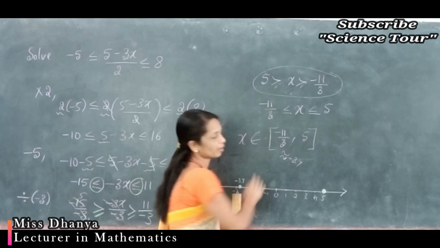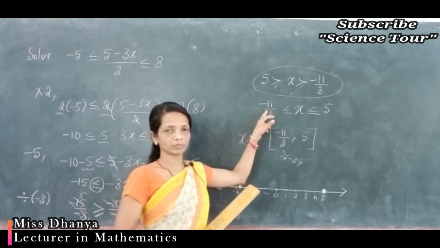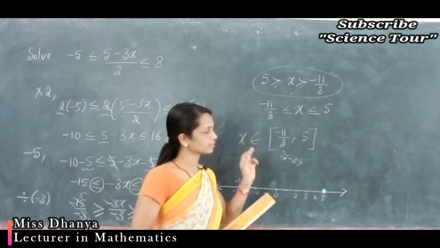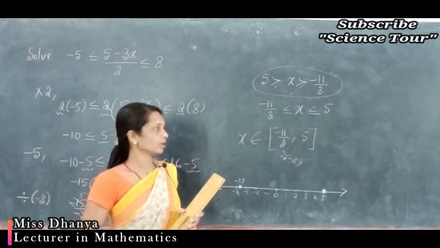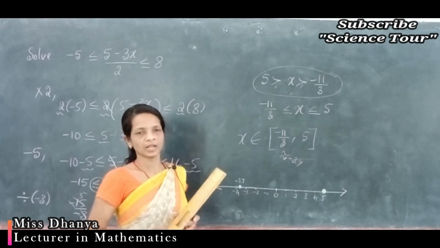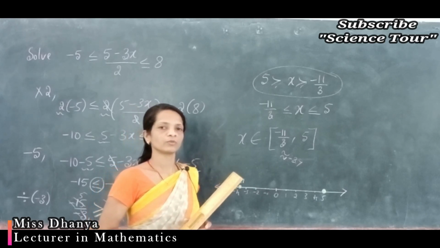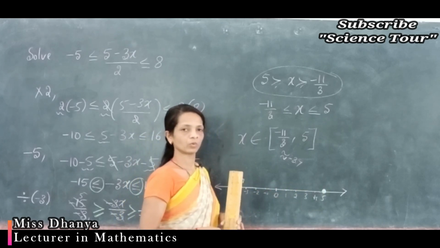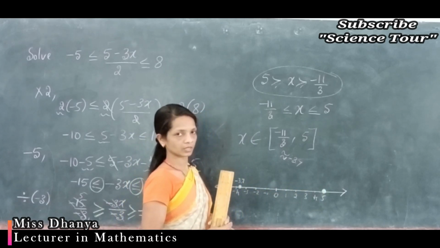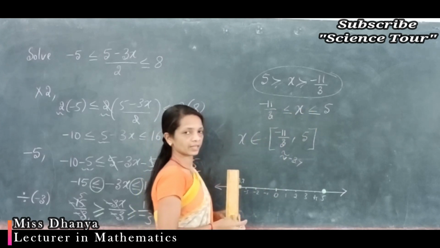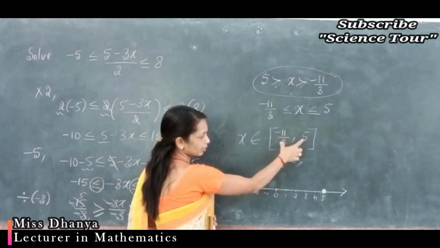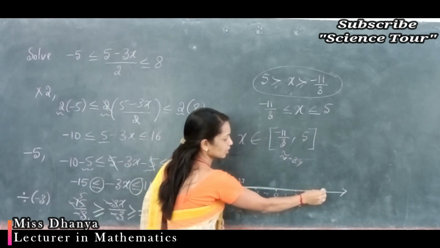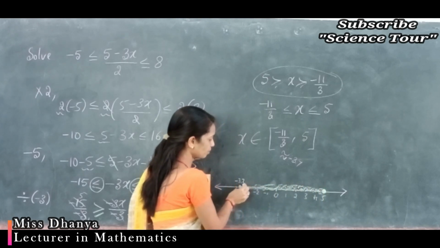At the two numbers you got at the end of simplification, you have to draw circles. That circle should be a closed circle if you have a slack inequality symbol, and an open circle if you have a strict symbol. Now I have drawn closed circles on both sides, because we have a slack inequality symbol, and all the numbers in between are solutions of this double inequality.